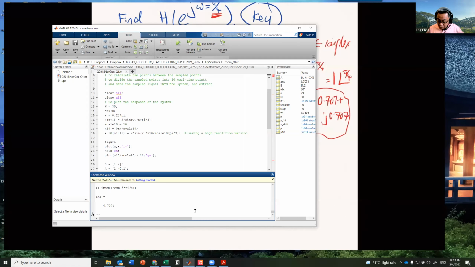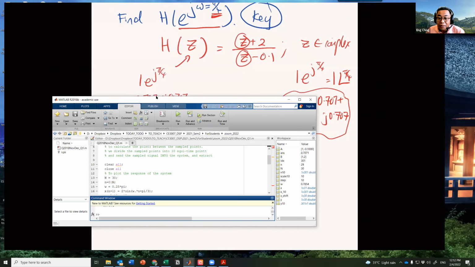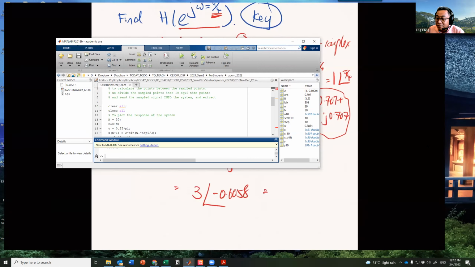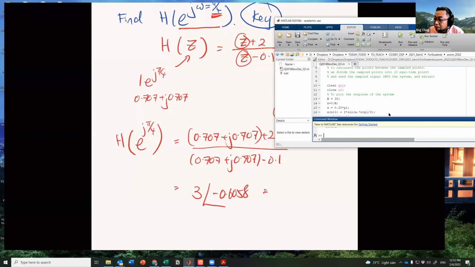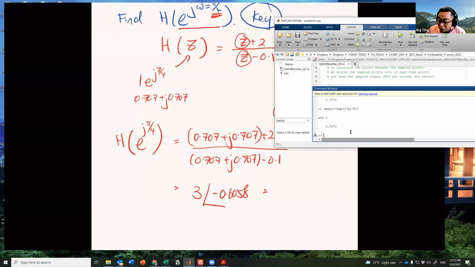All right, so I'm going to show you, if you have a calculator like mine, what I do. z equals 1 times exponential of j times pi over 4. So I let z equal this number.